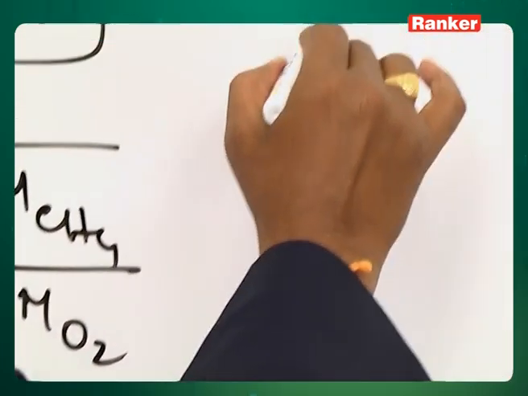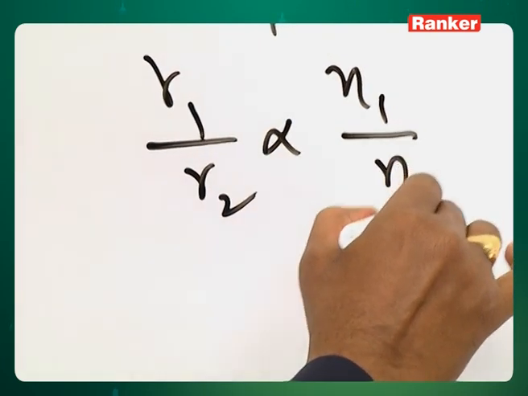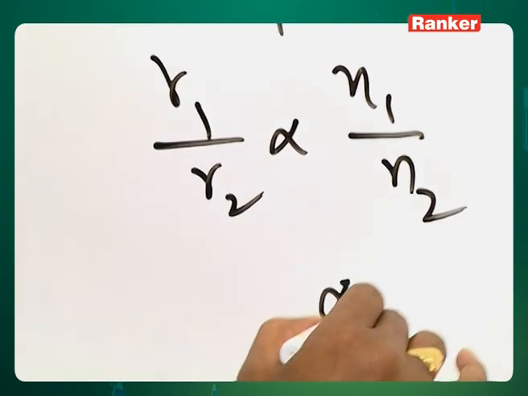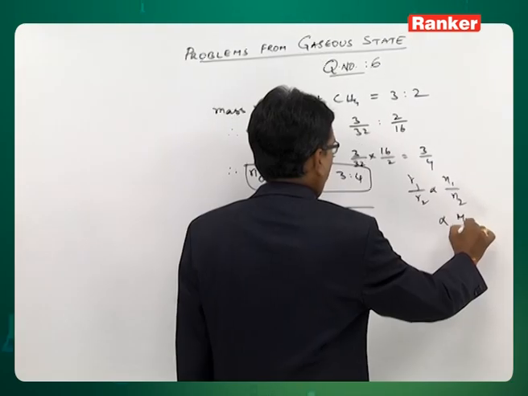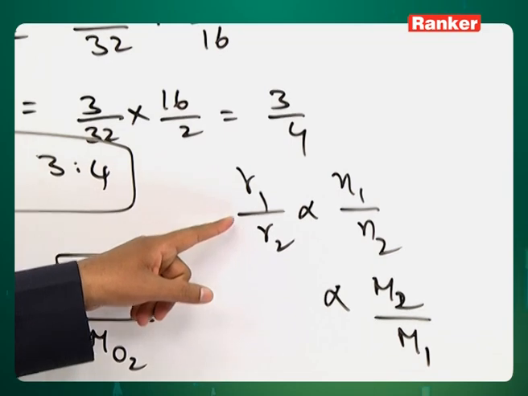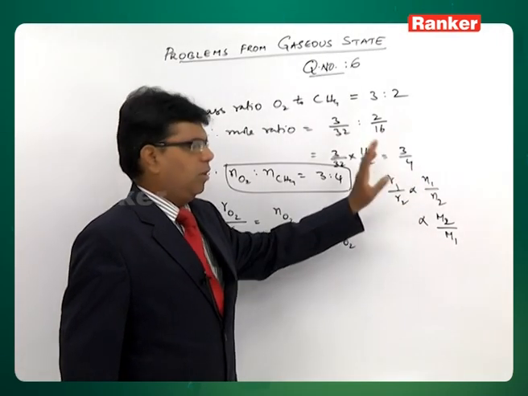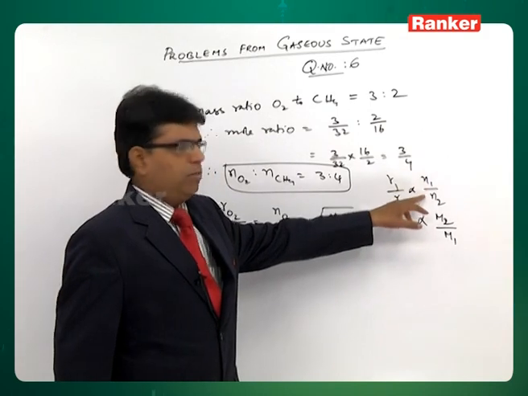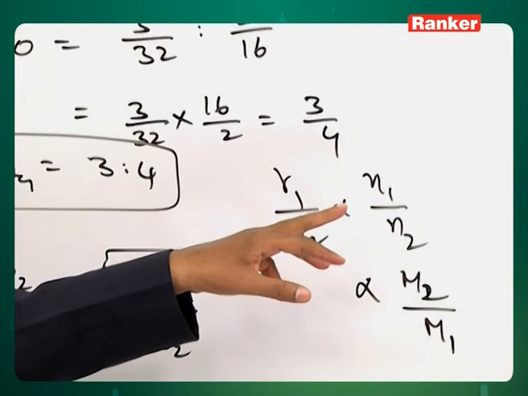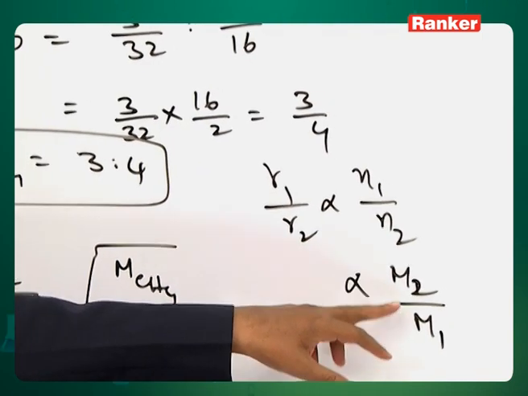Because R1 by R2 is proportional to N1 by N2, that is their mole ratio, and inversely proportional to the square root of molecular weight. The rate of diffusion is proportional to the number of moles, and also inversely proportional to molecular weight.